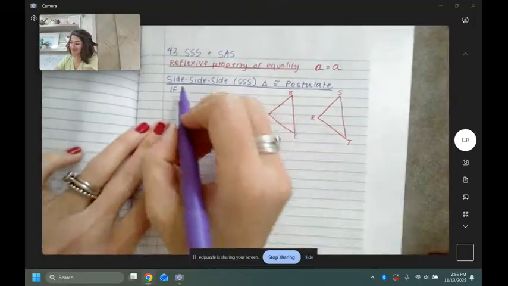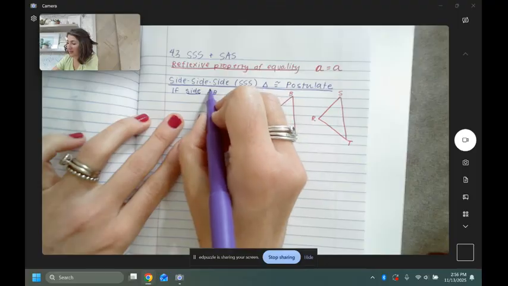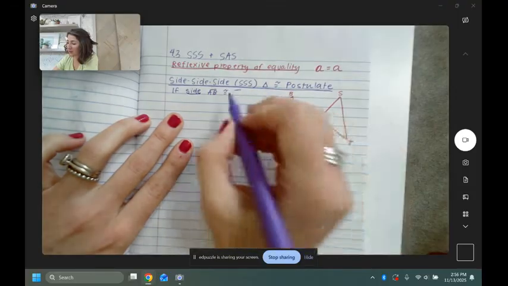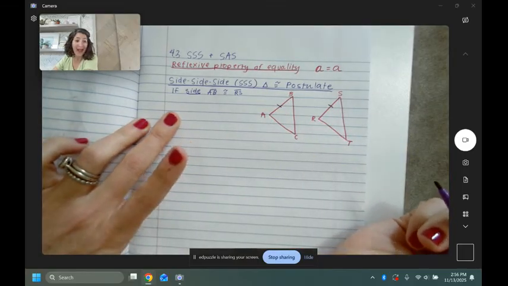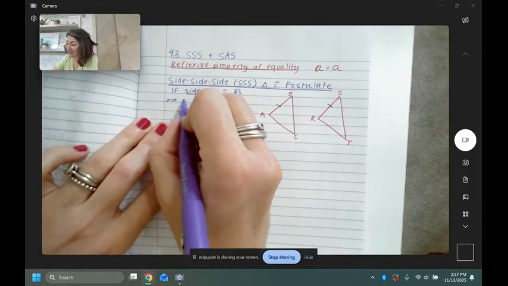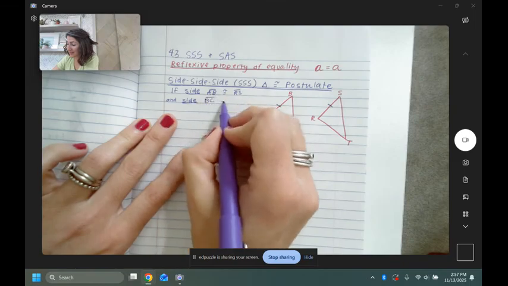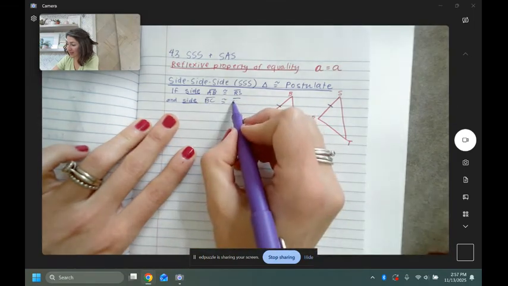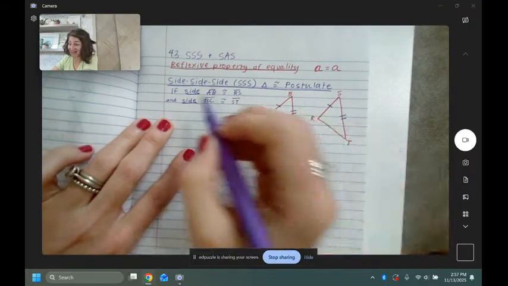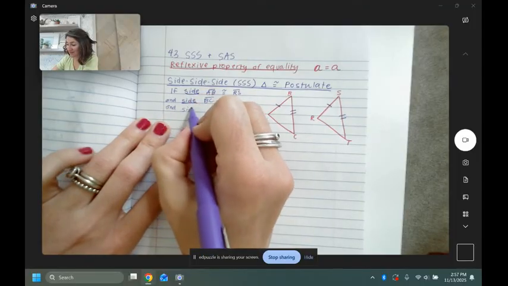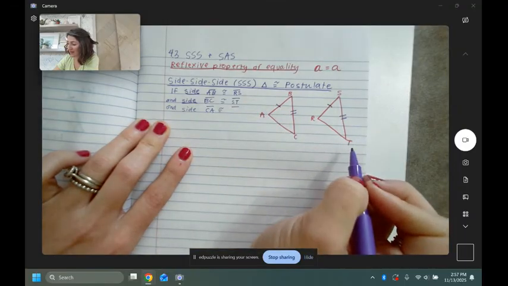If side AB is congruent to side RS, and side BC is congruent to side ST, and side CA is congruent to side TR.